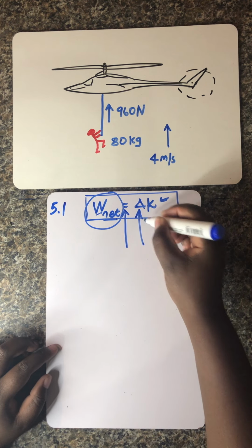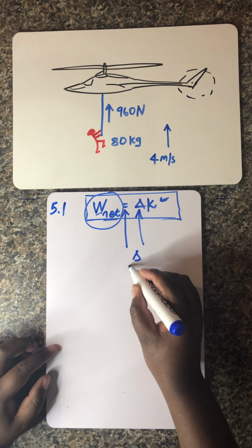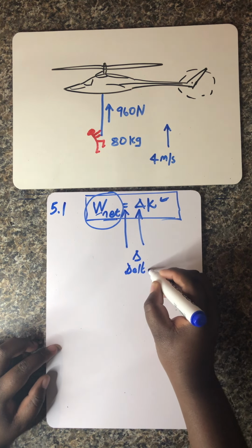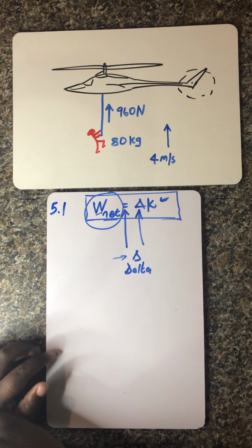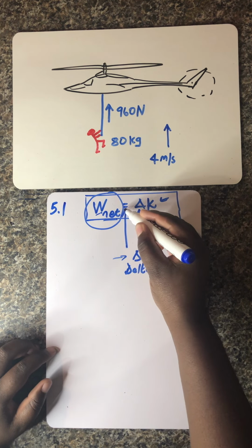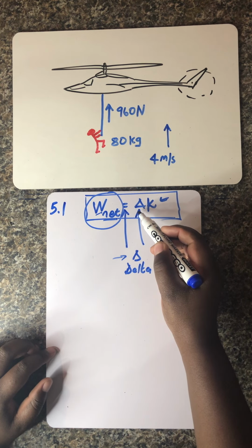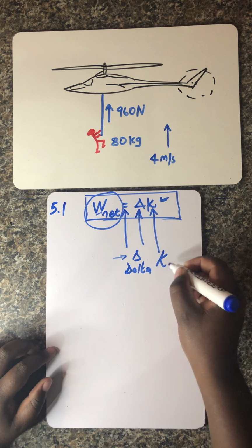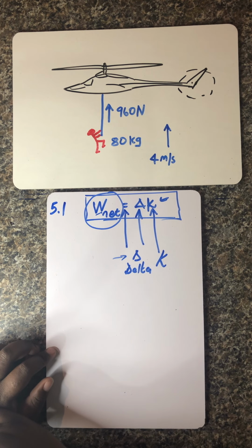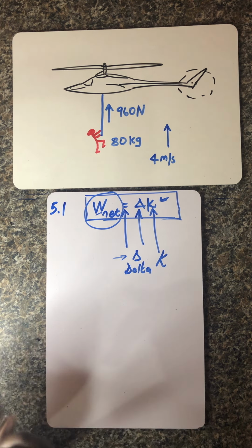Remember, this is the change, ladies and gentlemen. In Greek, it's called delta. In English, it's change. So it's equal to the change in kinetic energy. We know K refers to kinetic energy, ladies and gentlemen. Kinetic energy of the object.